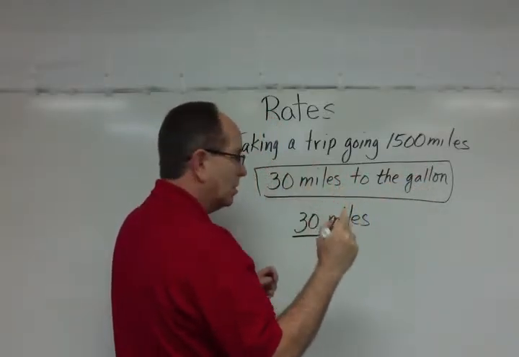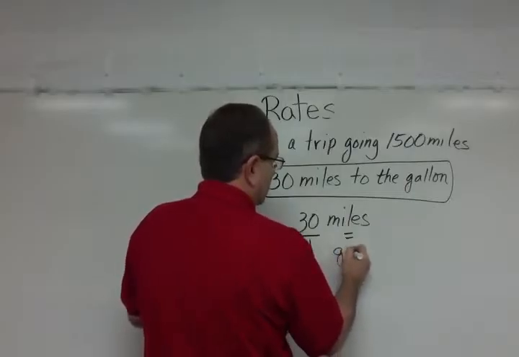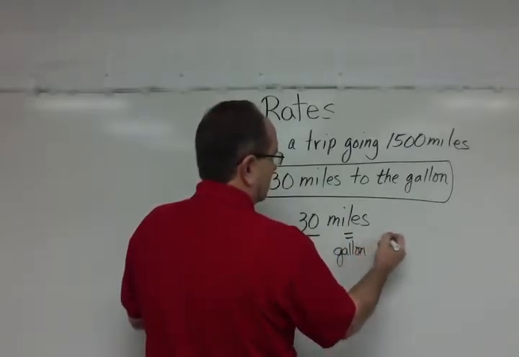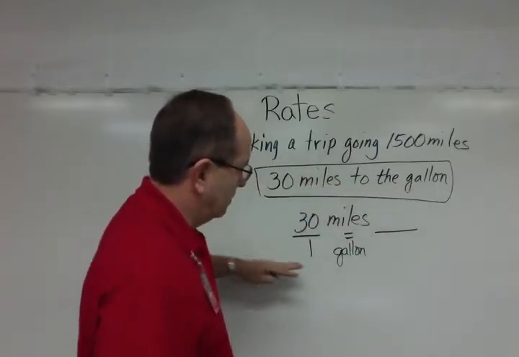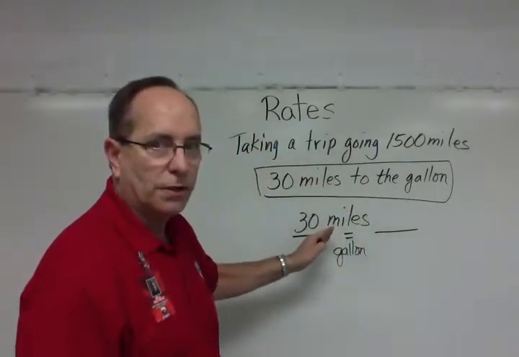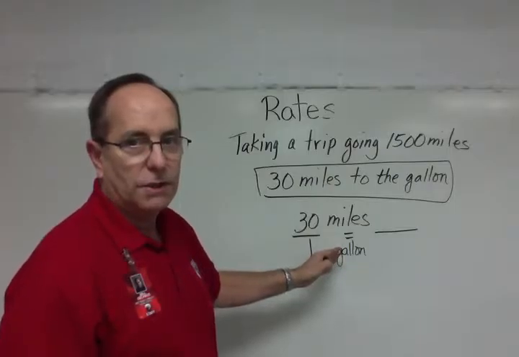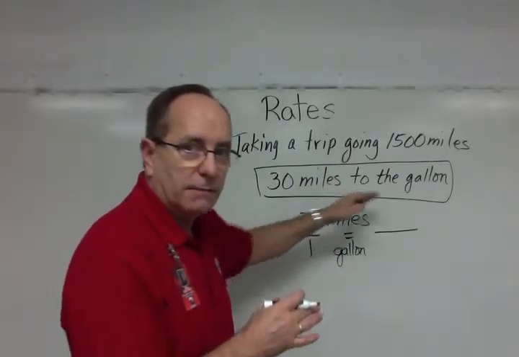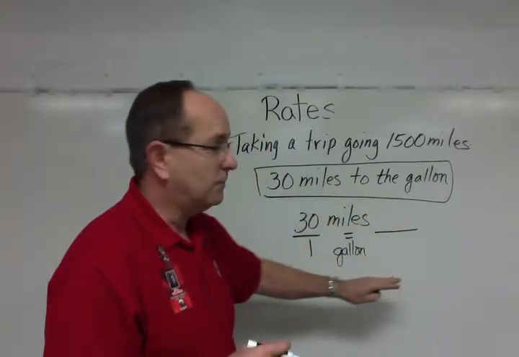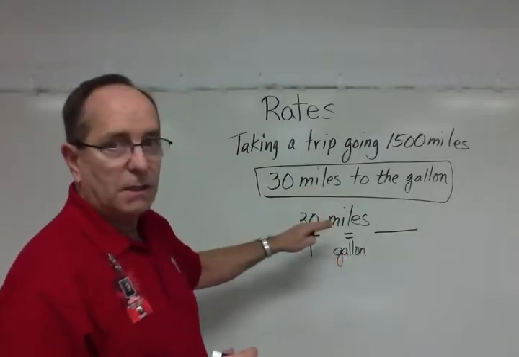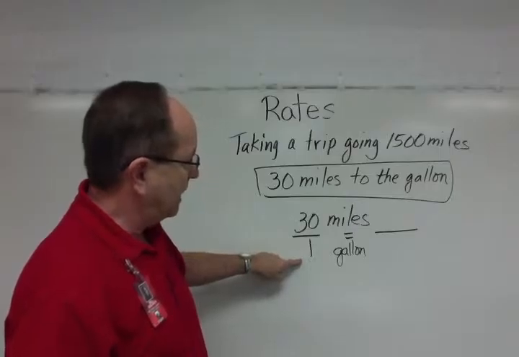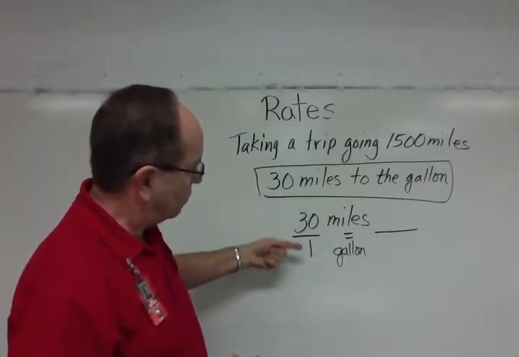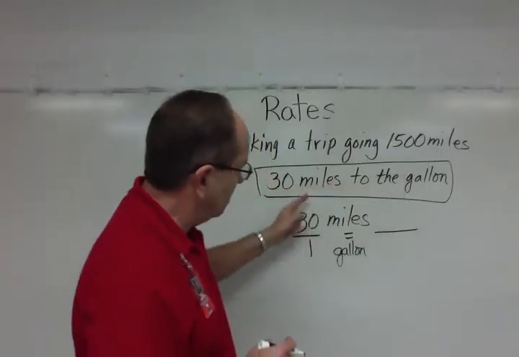The per means 1 again, and then gallon is my unit. And remember, I always want to keep it the same level. That's why these units are so important to write down. If you don't put those there, you'll trip and get numbers in the wrong place a lot of times. So always remember, big important thing, remember to put the labels there. So I have 30 miles per gallon. It's all there. It's as one fraction, went horizontal to vertical.